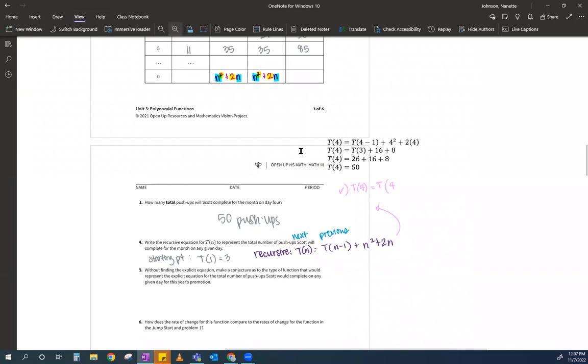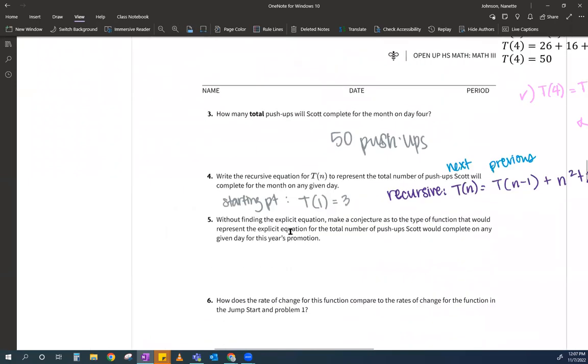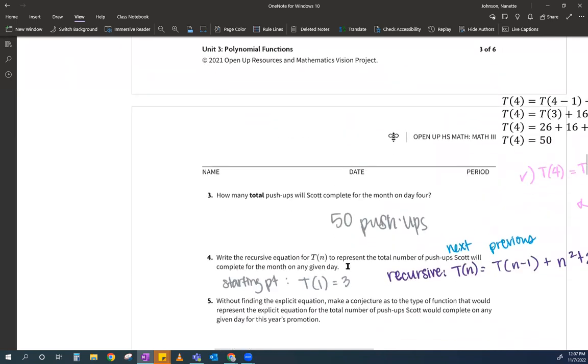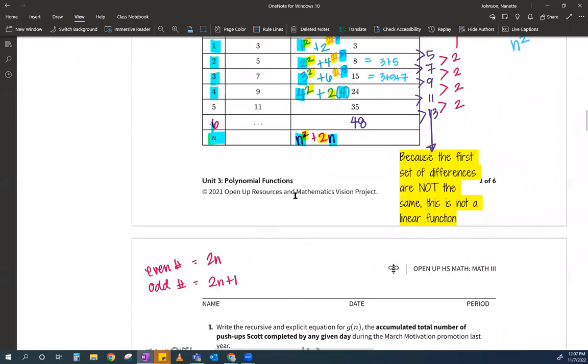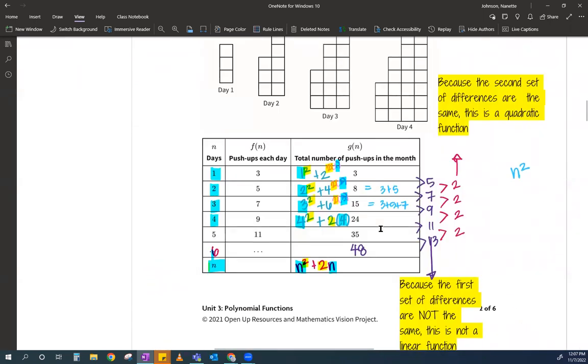And I need to make this a tad bit bigger. Okay, it says without finding the explicit equation, make a conjecture as to the type of function that would represent the explicit equation for the total number of push-ups that he would complete. Okay, so here, follow me on this. Here, this was a row of differences.